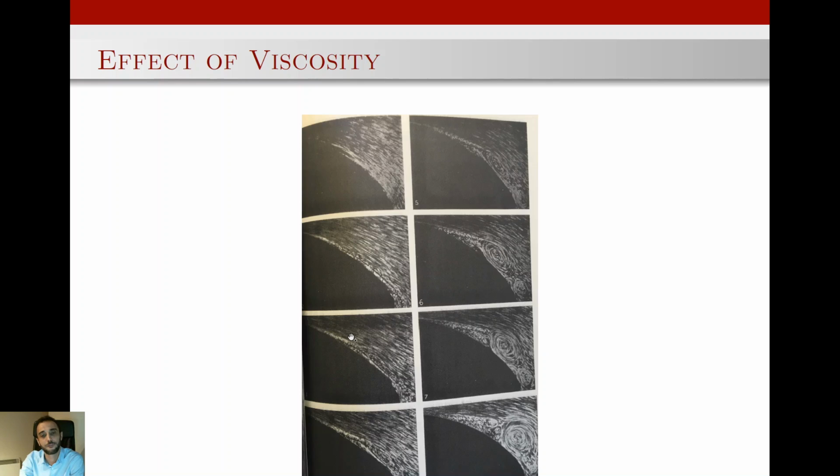As the flow velocity increases, there will be a separation point, which is hard to see in these figures taken from the fluid dynamics of Batchelor. And at that point, velocity is tangent to the surface.